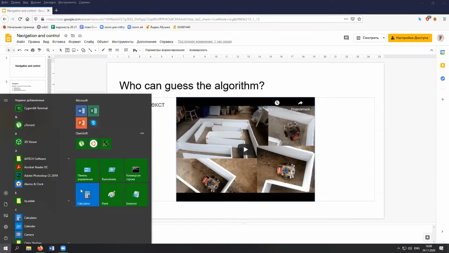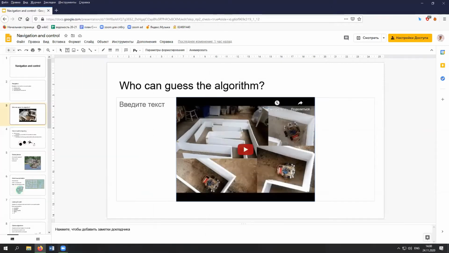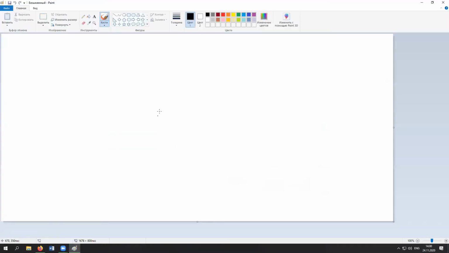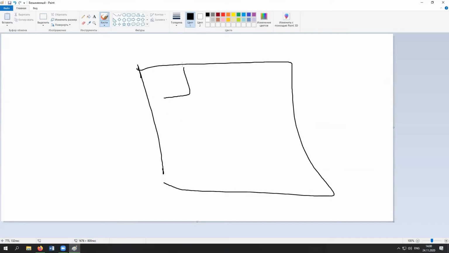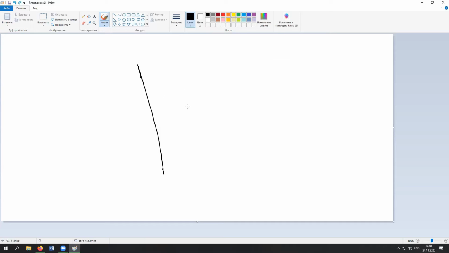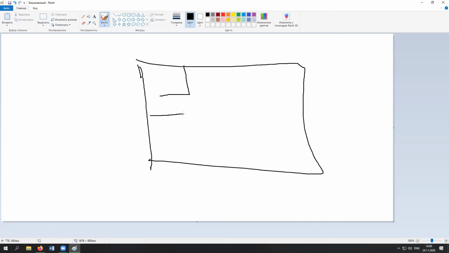Let me show you an example. I will draw a random maze.